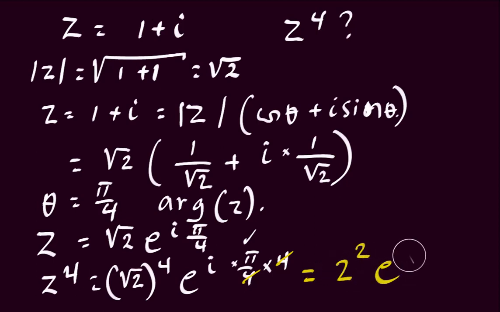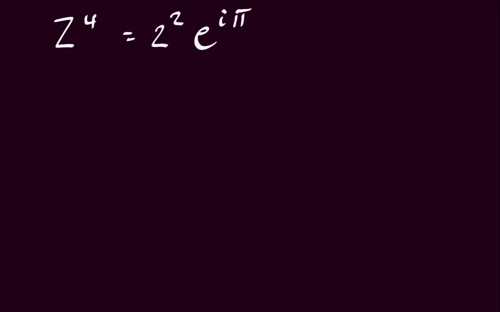Which is 4, and then times e to the power of i pi. So if we have that, we are going to get back to our regular format now.